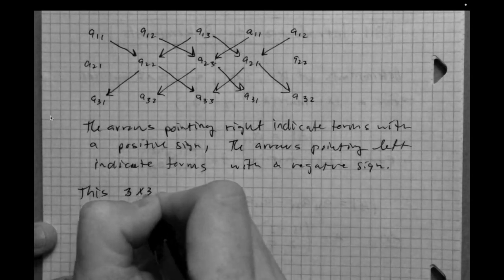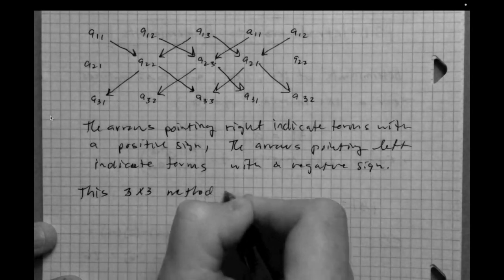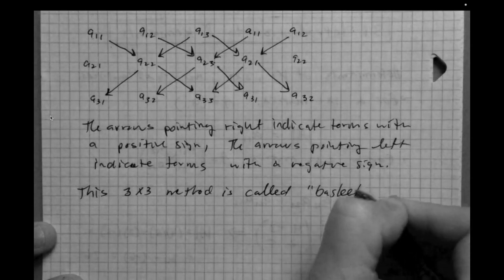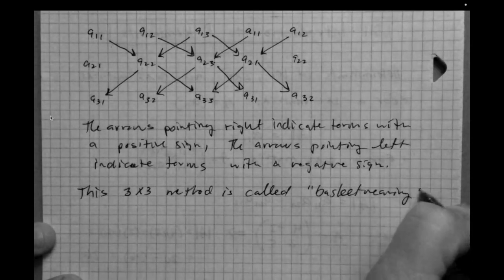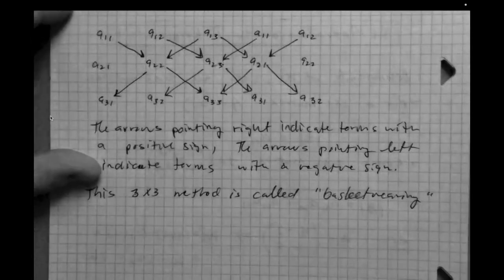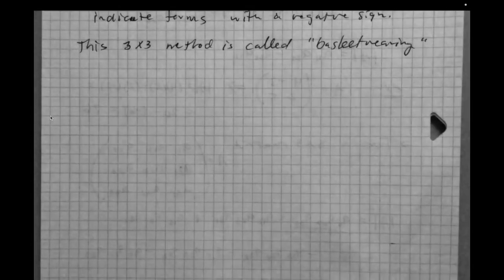This 3x3 method is called basket weaving. Mathematicians don't really call it that, but it's an easy way to remember it. So let's do an example with some real numbers and see if we can calculate this.